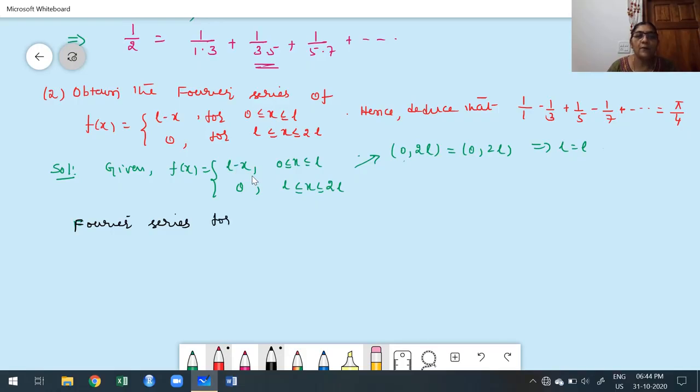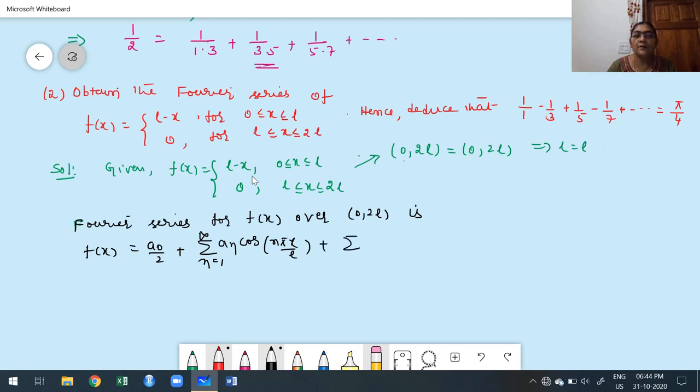Fourier series for f of x over the interval 0 to 2L is f of x equals a naught by 2 plus summation n ranging from 1 to infinity a n cos of n pi x by L, and then summation n ranging from 1 to infinity b n sin of n pi x by L. Now I have to write the formula for a naught, a n and b n.